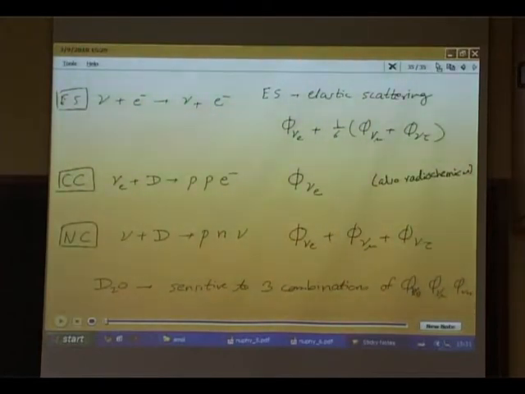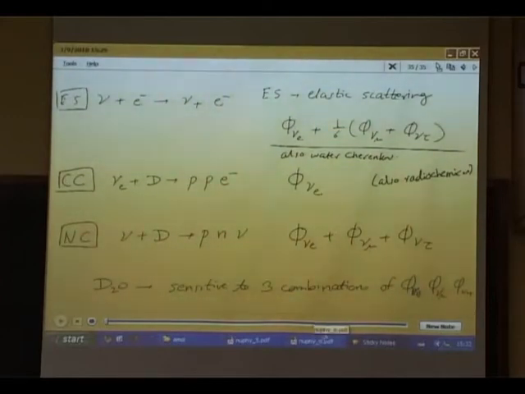In the water channel, you only measure this combination. So this is also true for the water channel. With heavy water, you could do all these three in the same region. So that is always better.